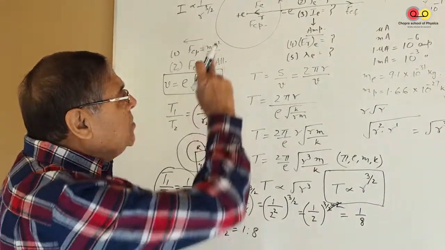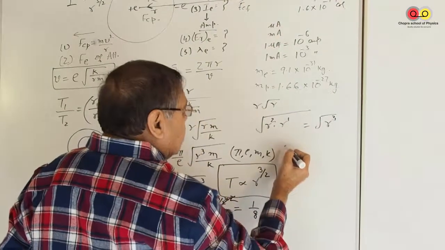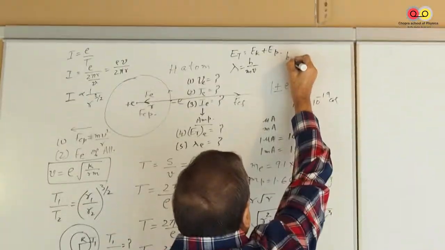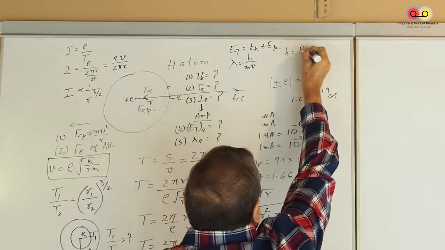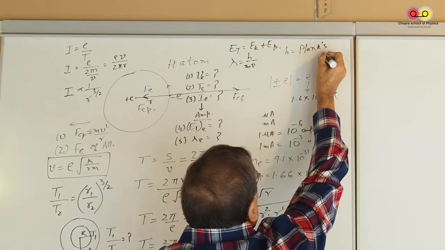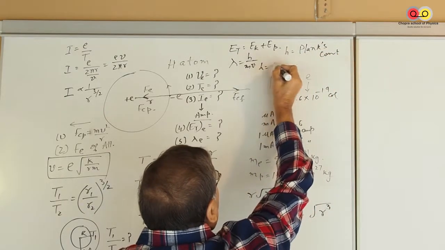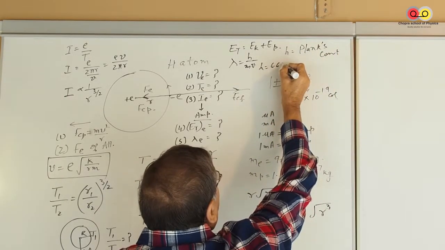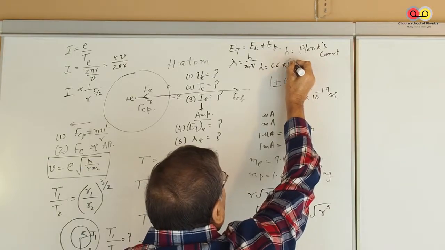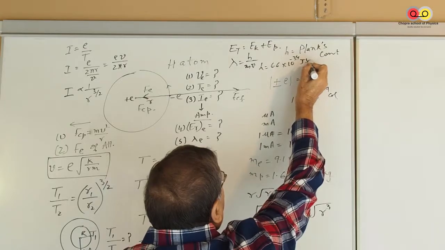So wavelength, if you want to calculate, it is h by this, where h stands for Planck's constant. Its value is 6.6 times 10 to the power minus 34 joule seconds.